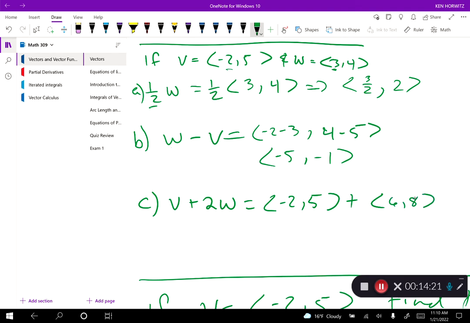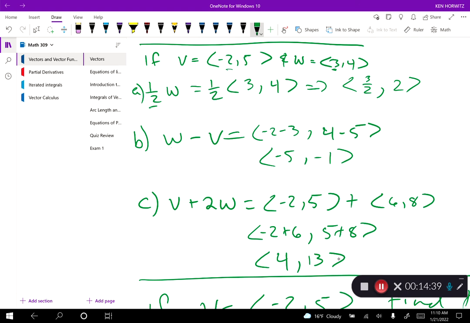So now I'm going to add the elements together. So I have -2 plus 6, and I'm going to have 5 plus 8. So -2 plus 6 is 4, and 5 plus 8 is 13, and there is my vector.